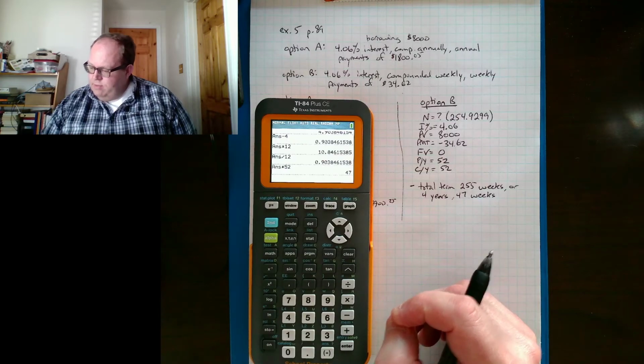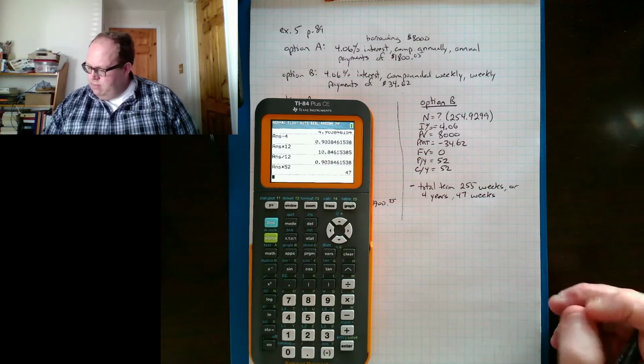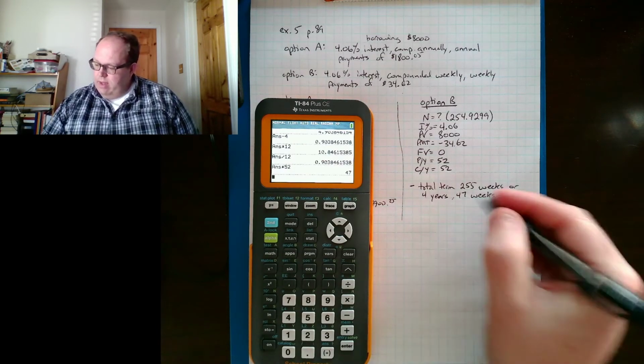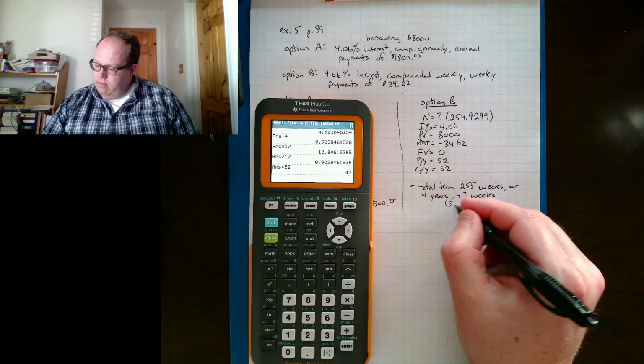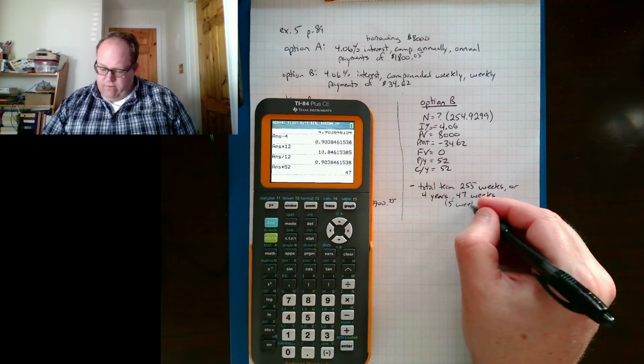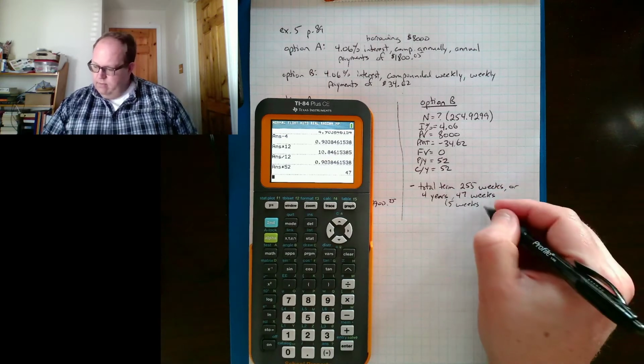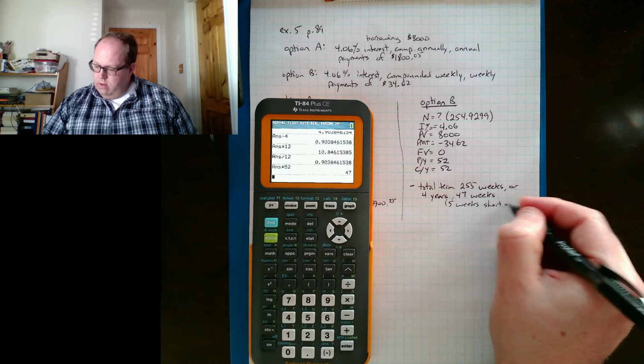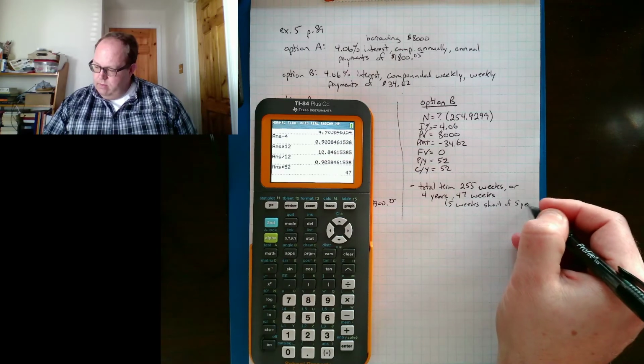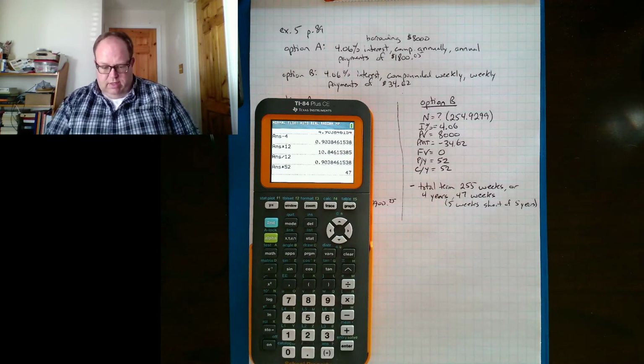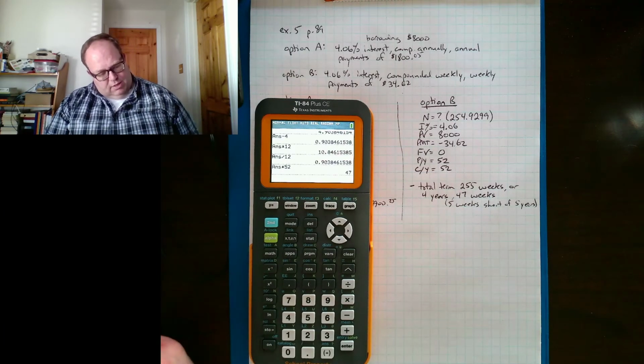I did that right. Yes. Now this is about 5 weeks short of 5 years. So that's one benefit to option B, is that it's a little bit shorter.